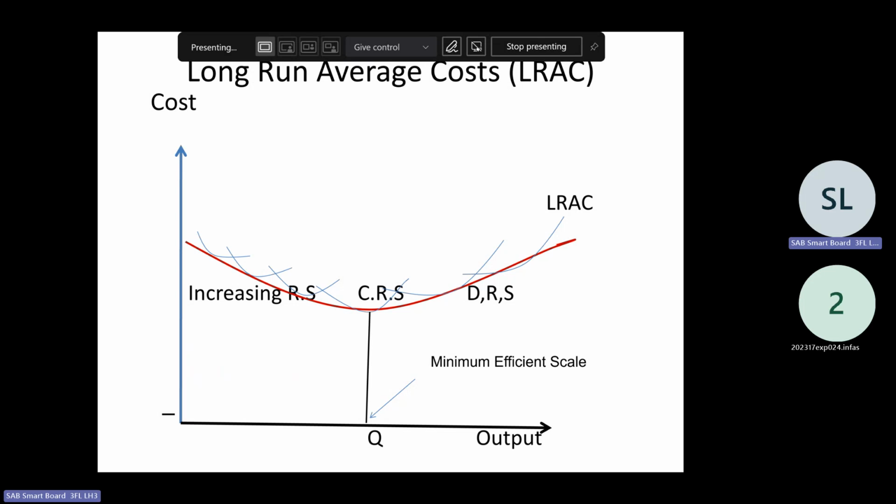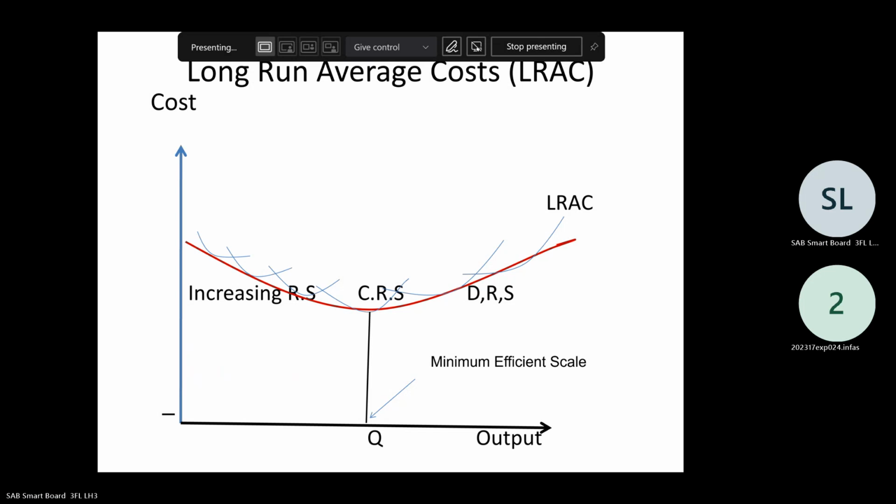We can use that to assess market situations. For example, if the minimum efficient scale is less than the total market demand, it means the firms are small, producing an insignificant amount of output for the market. That indicates a competitive market.